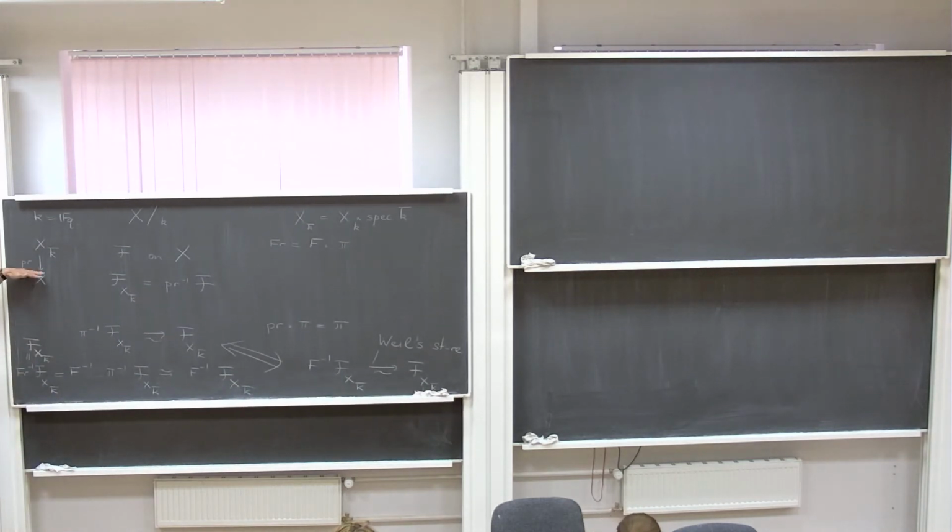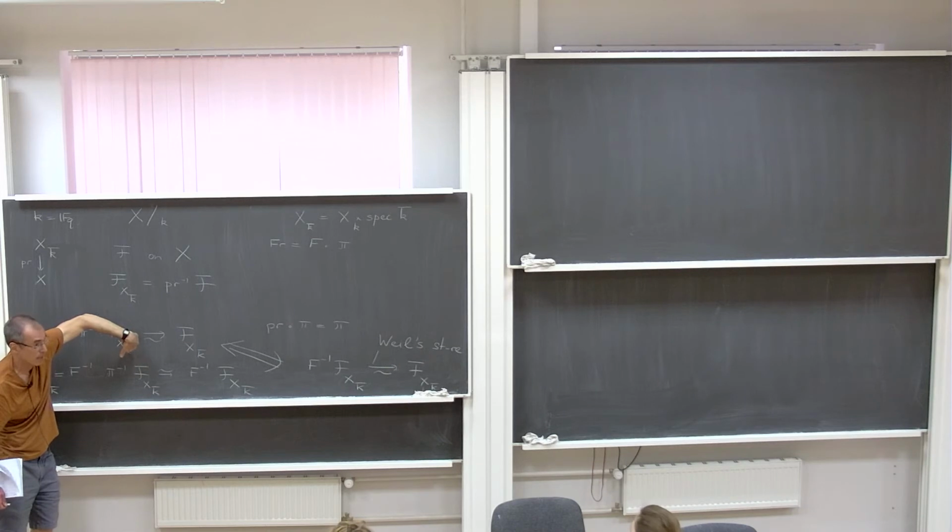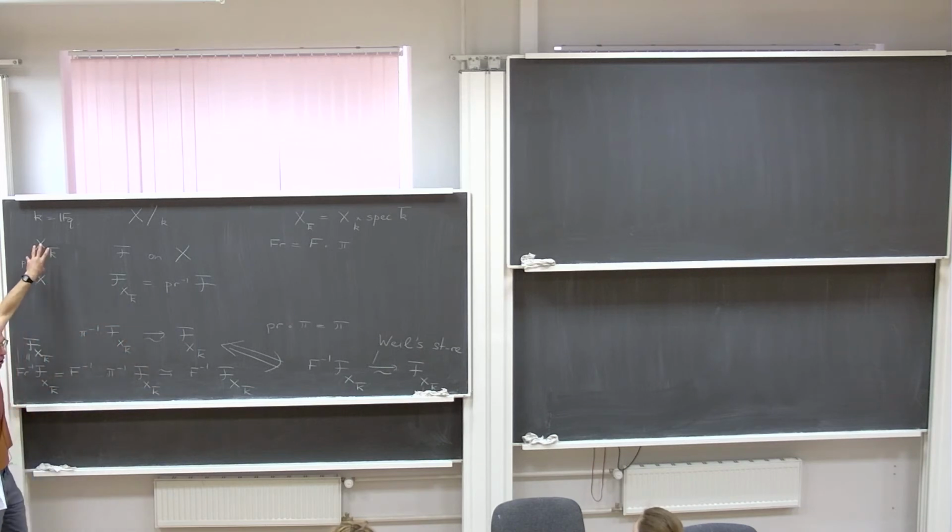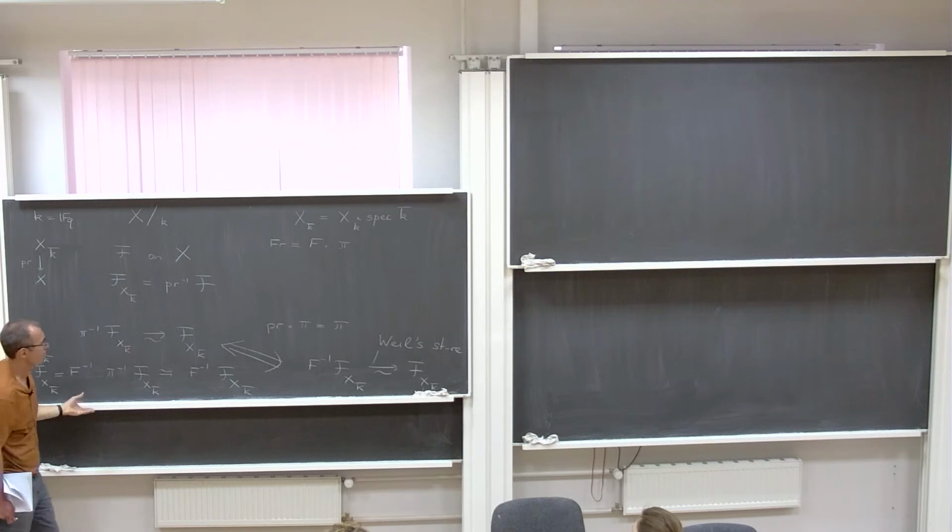So if this map were finite étale, then given a sheaf here, it would be the same as given a sheaf here with this equivariant structure, right? And this map is not finite étale. It's rather an inverse limit of finite étale maps, because this is an infinite extension.